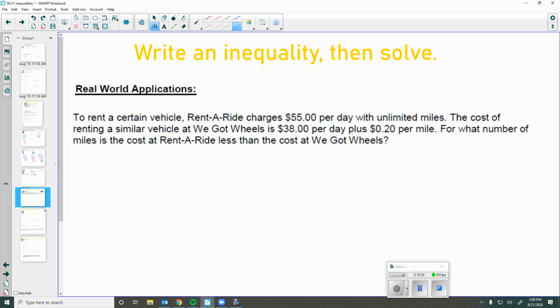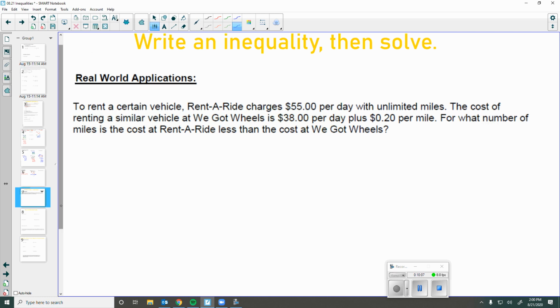Okay, so the last thing that we're going to do together as a class for these problems is a real world application, so a word problem, and then we're going to solve it. To rent a certain vehicle at Rent-A-Ride, they charge $55 per day with unlimited miles. The cost of renting a similar vehicle at We Got Wheels is $38 per day plus 20 cents per mile.